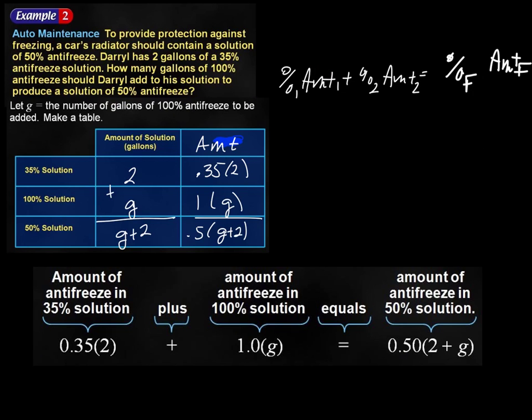Now, my general formula that makes sense to me on these: we always have percent times amount plus second percent times second amount equals final percent times final amount. So for us, we're starting off with 2 gallons of 35% plus G gallons of the 100%, which as a decimal is 1, and we want to end up with 50%, and here's our 2 plus G, which is going to be our total gallons.